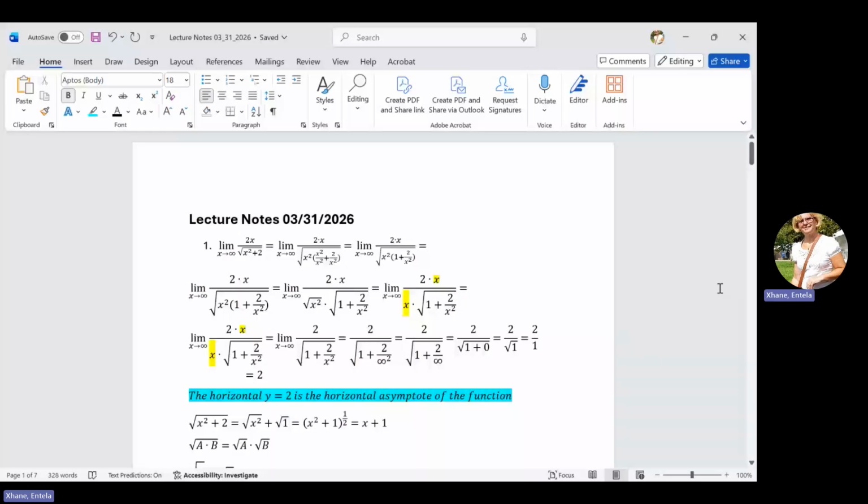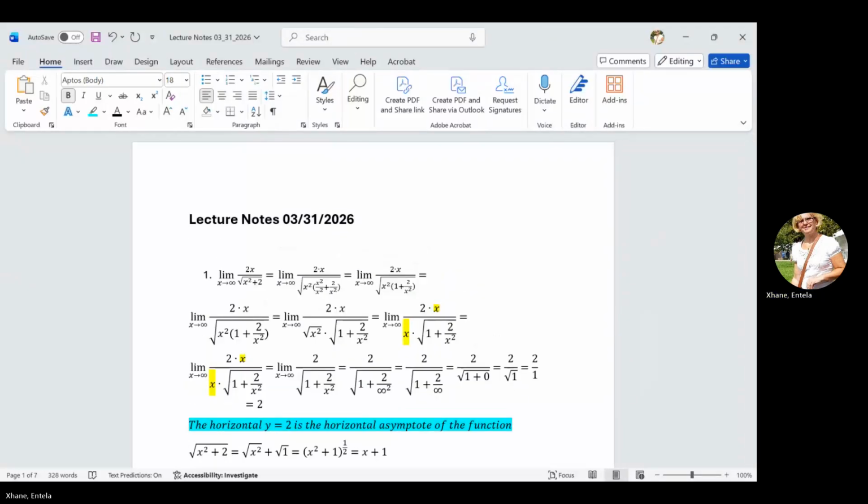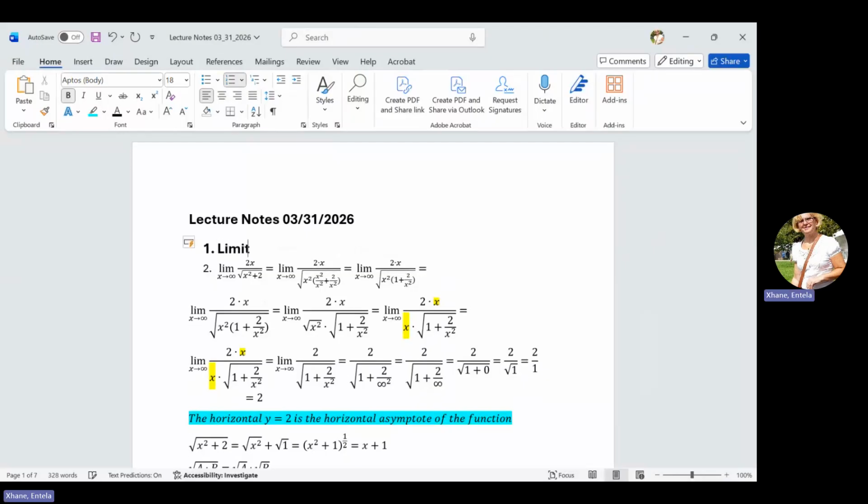As I said, the focus today will be on two major topics: limit at infinity, second part, and horizontal asymptotes.